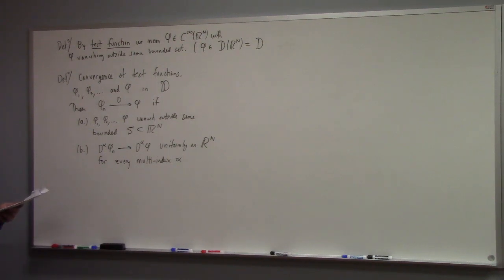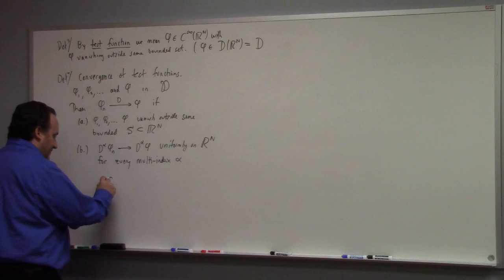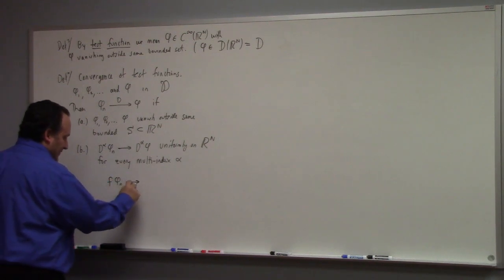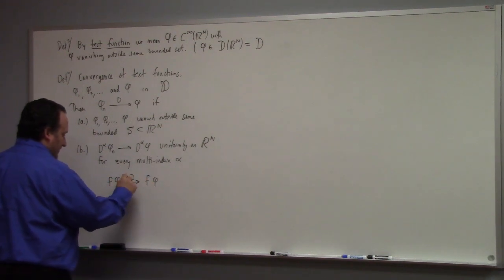Now, in his theorem 6.26, he points out that you have nice properties for these sequences, like the limit of the sum of two sequences is the sum of the limits. You have a linearity of these kinds of sequential limits. If you have a smooth function times a sequence, it converges to the smooth function times the limit, let me just write it out. f times phi n converges to f phi in this context.